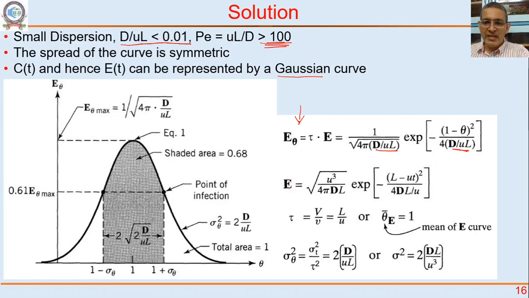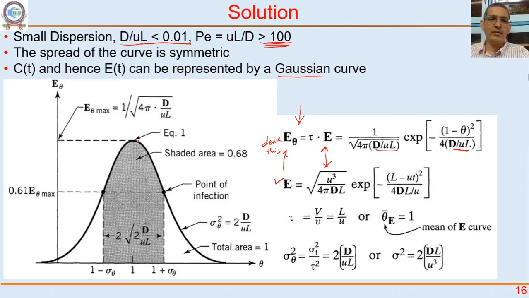In terms of E, it will be square root of u cube over 4 pi dL, e raised to minus (L minus ut) squared, where u is the average velocity. You can take this expression and derive this from that expression, and this is how the spread will look.